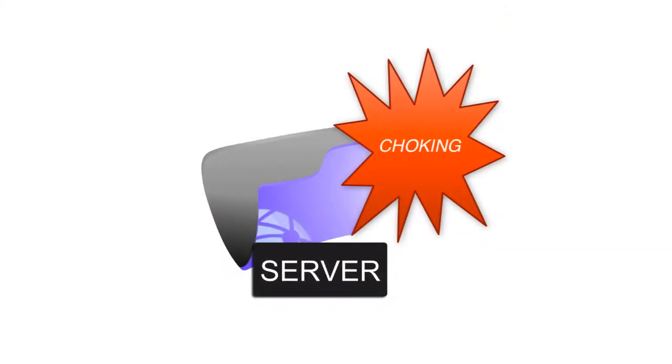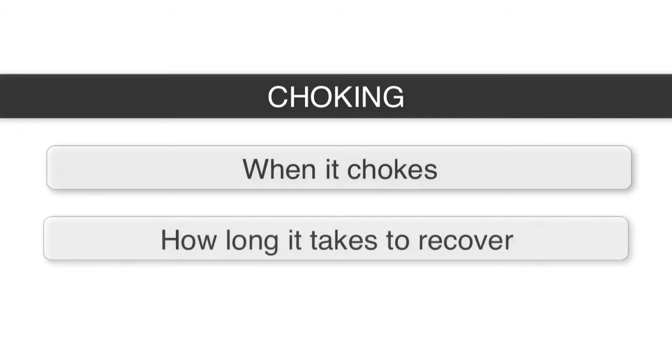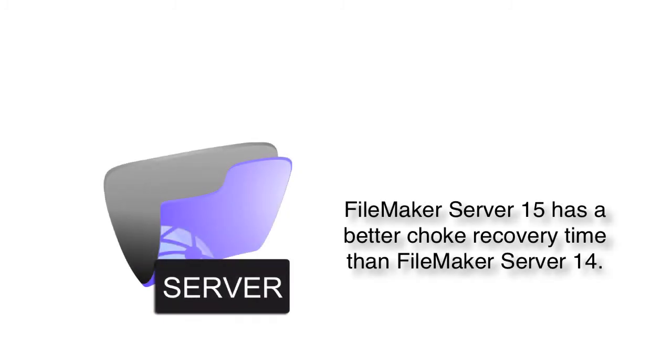There are two parts to choking. The first is when it chokes. The second part is how long it takes to sort itself out and get going again. The impression we have from the testing we've done is that 15 is more able in that area, so that by sorting out things more quickly, if it is ever pushed to the limit, you're going to see it coming back up again significantly more quickly.